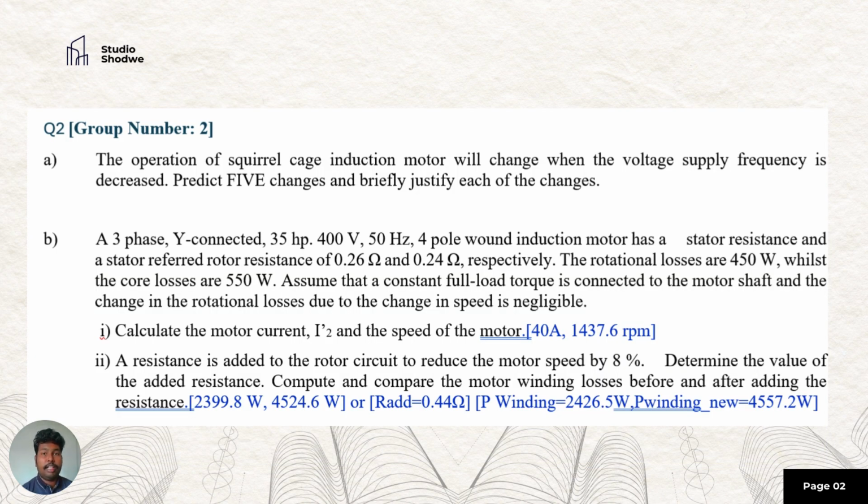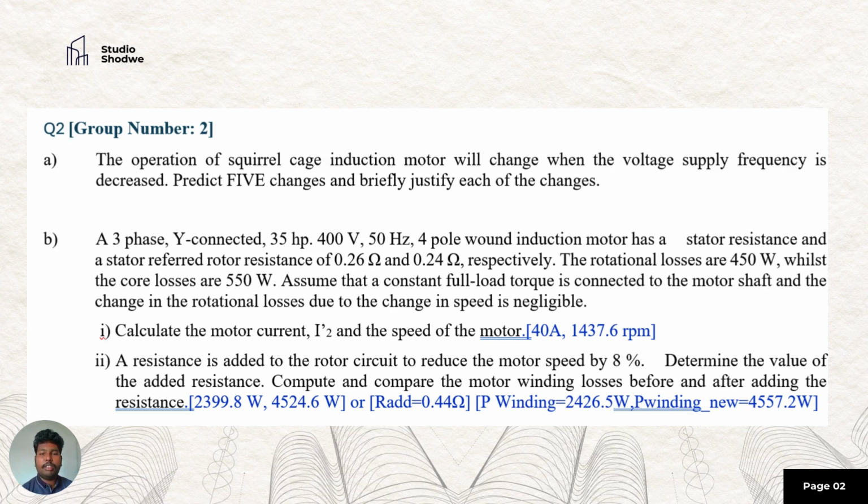So for the second question, a three-phase Y-connected 35 horsepower, 400 volts, 50 hertz, four-pole wound induction motor has a stator resistance and a stator referred rotor resistance of 0.2 ohms, 0.26 ohms and 0.24 ohms respectively.